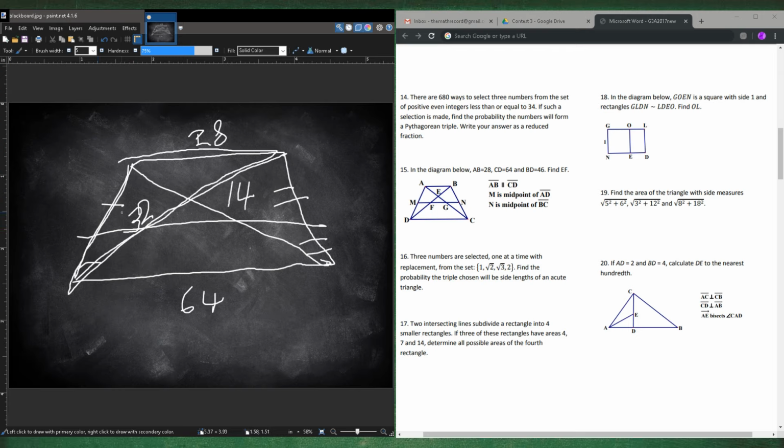We need to find this side length. For that, we know this is half. So if this is 28, then this has to be 14 because they're similar triangles, right? Because they share this angle and these two side lengths are extended out. So we know this entire side length is 32, but this one's 14. So MF is 14 and DE is 32.